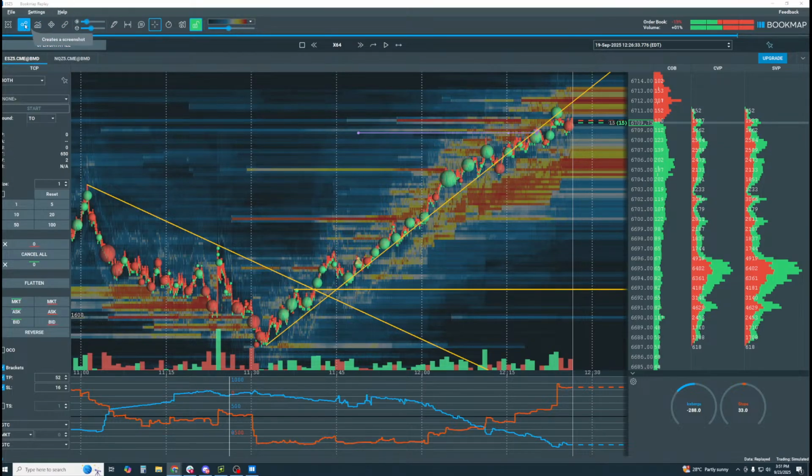You can also just take a screenshot here from Bookmap, and I'm just going to copy the link here. Copy link to a chart image. It just copied the link, and I believe I can just paste it right in here into the trade. Hold on a minute.